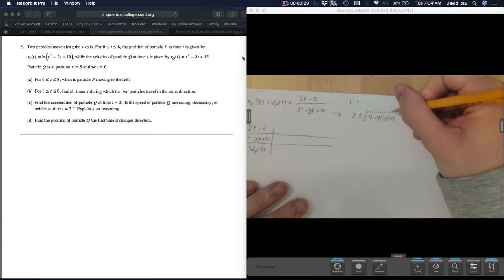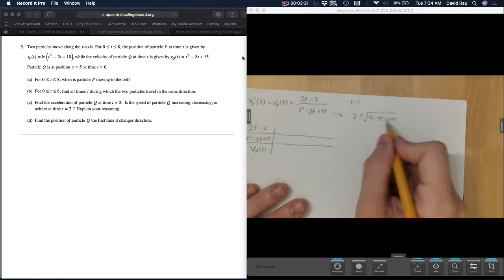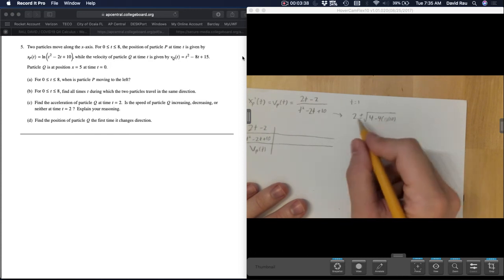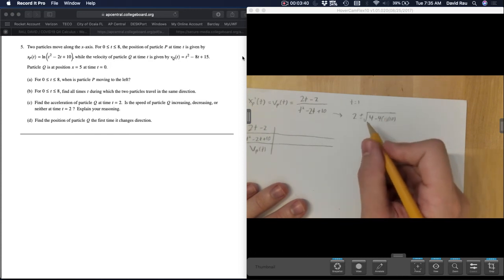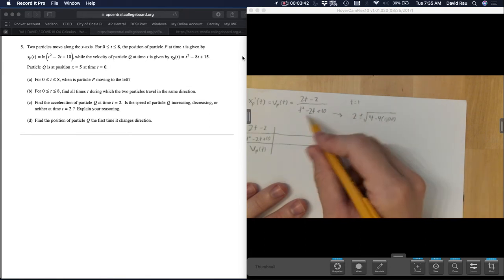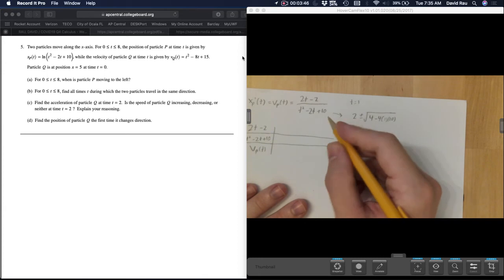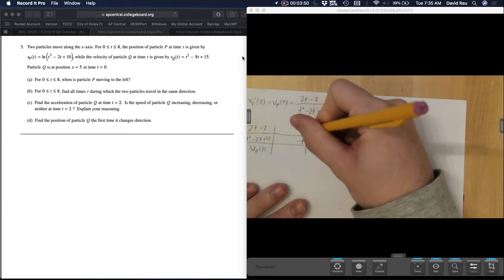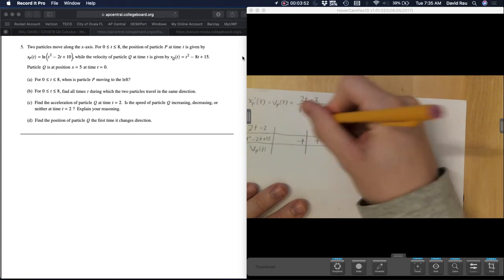Okay, I have my answer. The inside is going to be negative 36, so it's going to involve i. So this is never going to change signs. In other words, our roots are imaginary, so we're either always above or below the x-axis. Let's plug in 0. If we plug in 0, we get 10, so this is positive all the time. This actually didn't need as much work as I thought.